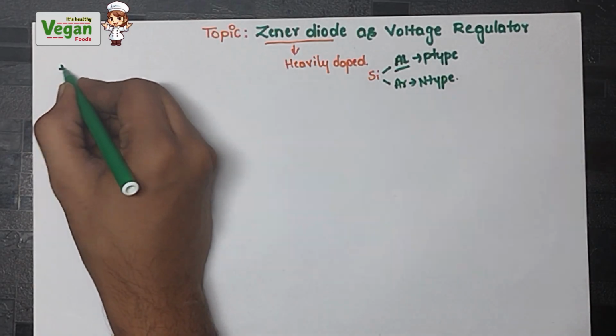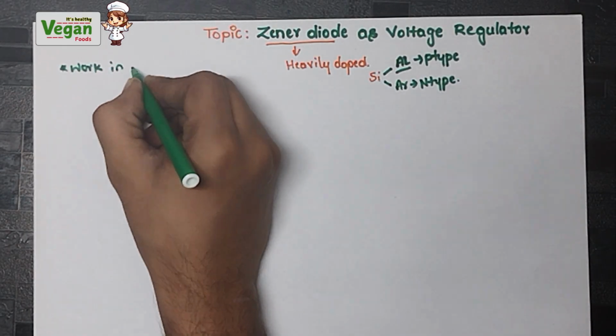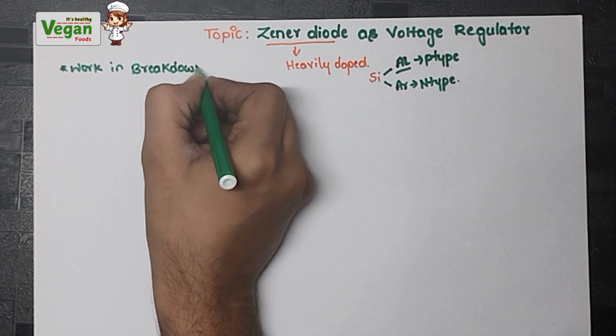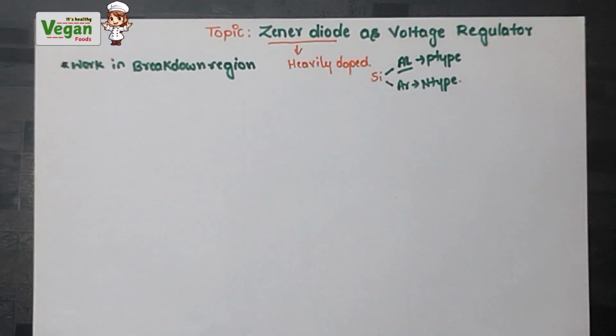Next, this Zener diode will work in the breakdown region. So what is the breakdown region? Now let's discuss it.